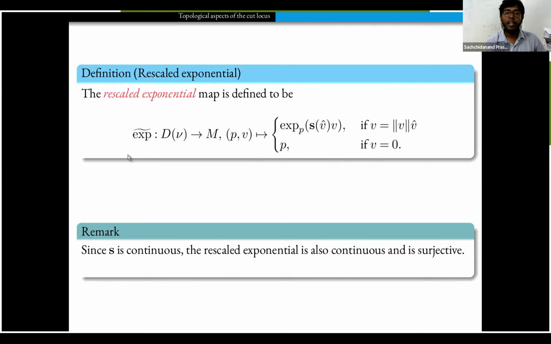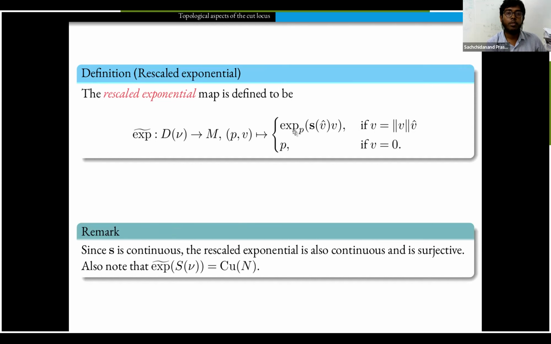This implies that this re-scaled exponential is also continuous, and due to this fact, it is surjective. And the image of S nu under this map is nothing but the cut locus, because of the first fact.